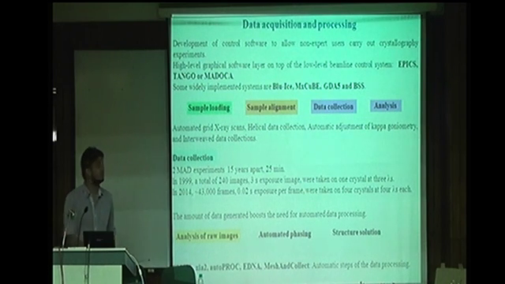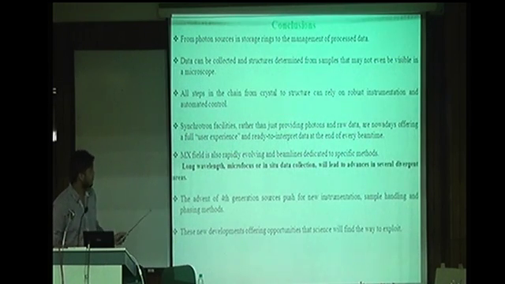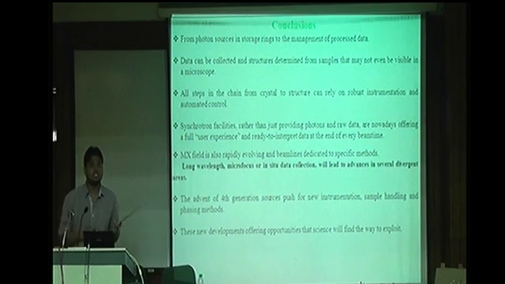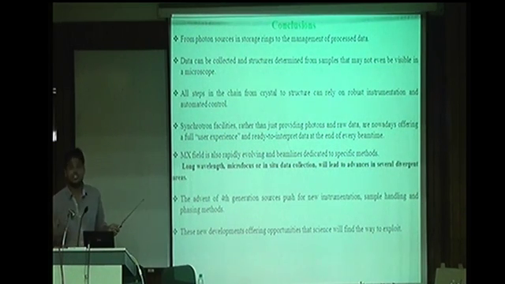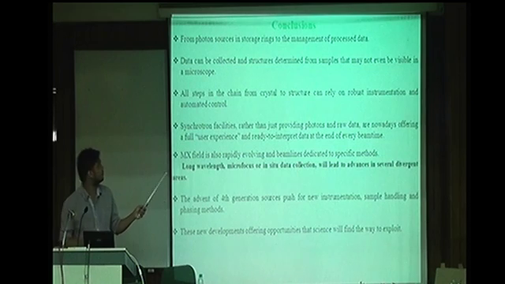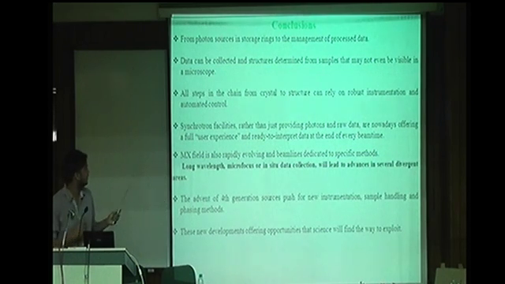So finally, to conclude this talk, from photon sources in storage rings to the management of processed data, data can be collected and structures can be determined even for small samples or crystals which may not even be visible under microscopes. All these steps are in a chain from crystal to structure, and they rely on robust instrumentation and automated control.